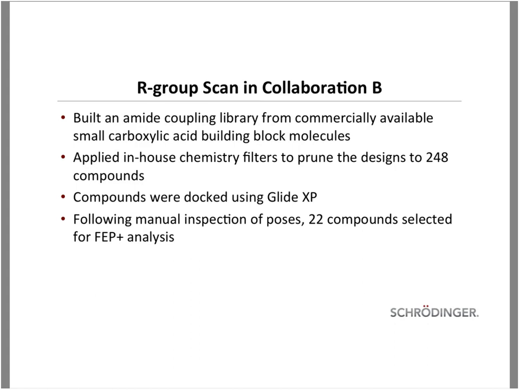So we took an amide coupling library from a commercially available vendor. These building blocks were used to generate 248 possible compounds that were docked into the protein using Glide. And then following some manual inspection of poses, 22 compounds were selected for FEP analysis.